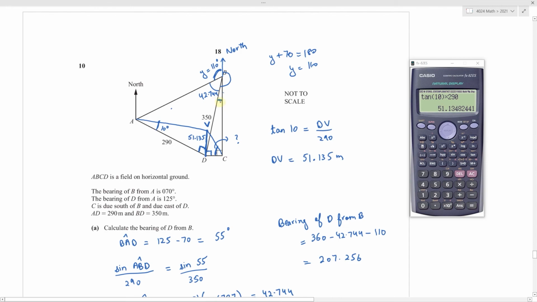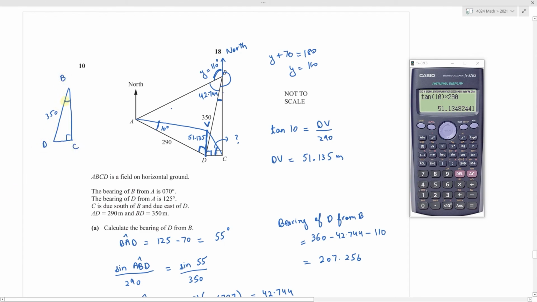If I know this angle and I know this side, let me redraw this triangle BDC outside. BDC is this angle like this. This side is 350. This is a right angle triangle, so this is B, this is D, this is C.